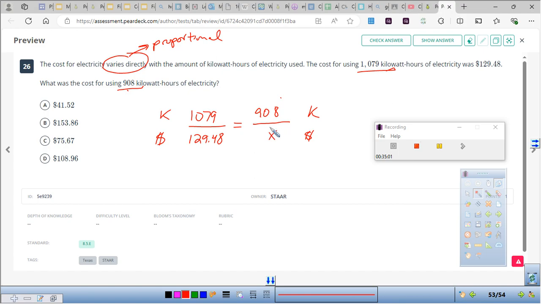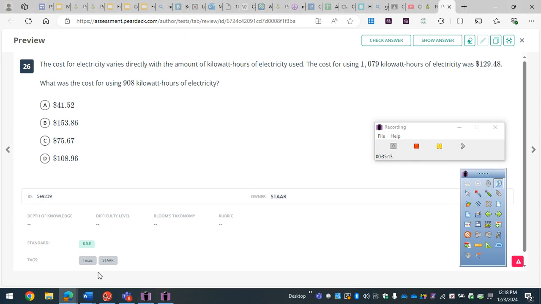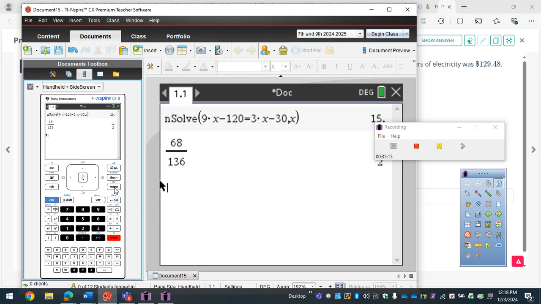You basically want to come out here and I would do the solver. So these numbers are nice, but no, solver. I'm going to go back here. Menu 3, 1.